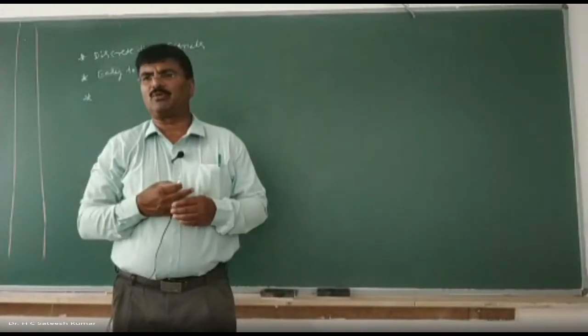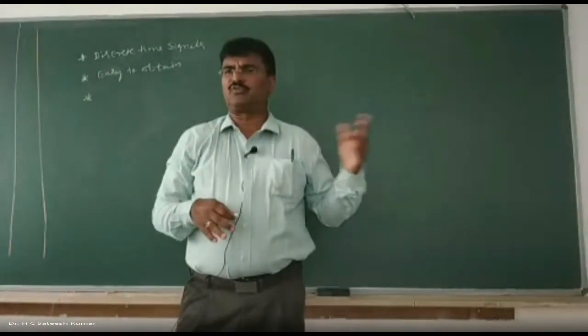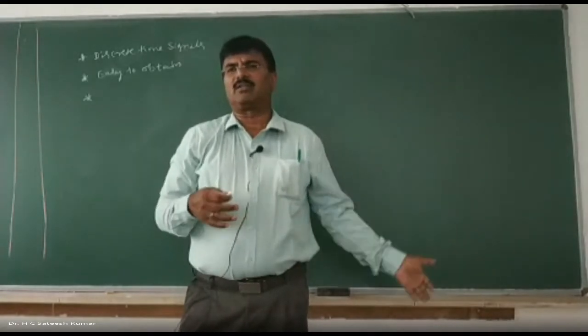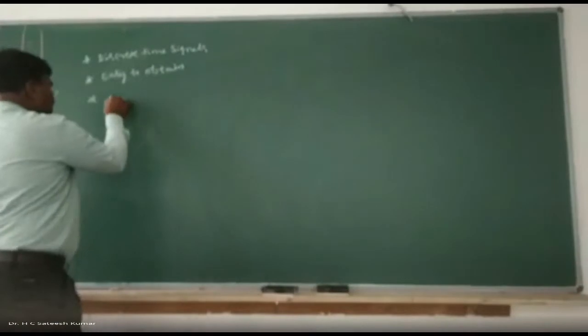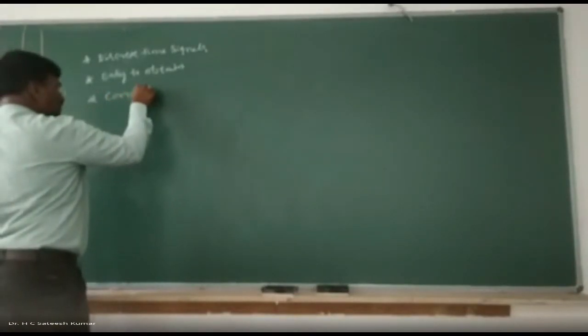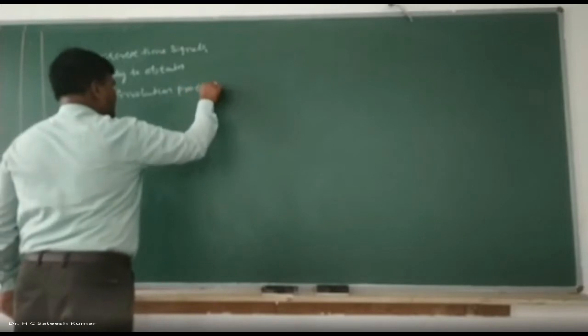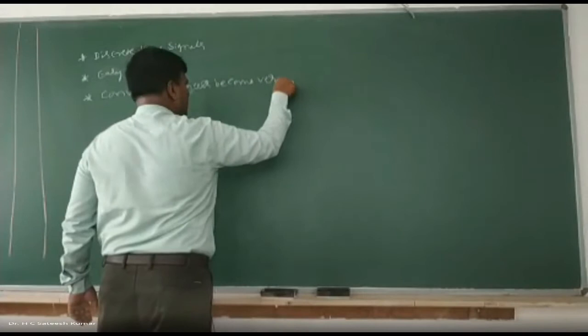We know that in the time domain, convolution is a complex process: keep case 1, case 2, shift it, all from minus infinity to plus infinity. But instead, with this transformation, the convolution process becomes very easy.